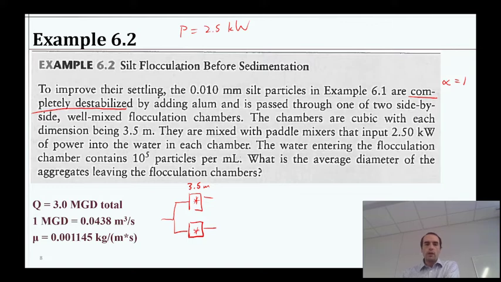The water entering the flocculation chamber contains 10 to the 5 particles per milliliter. So we have some N naught entering. By the way, we have Q here for the total coming in, and it's split equally to both, so we know that we can do half of that in each chamber as our Q. Okay, so then we are also given this value for N naught.